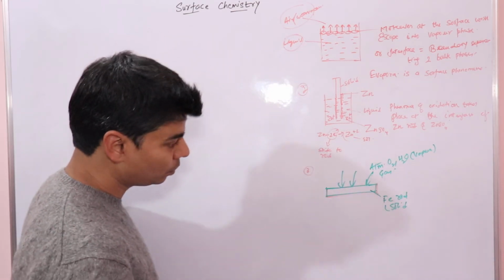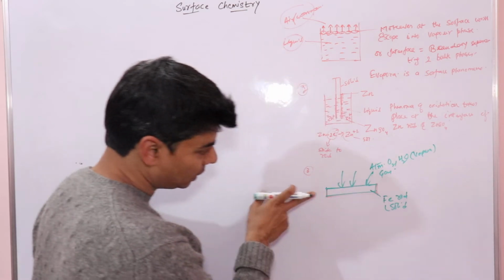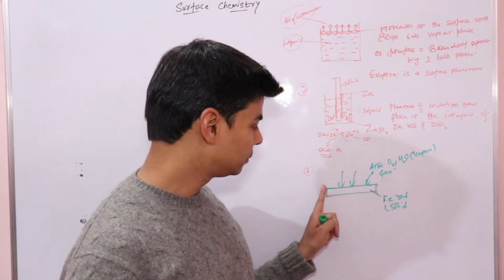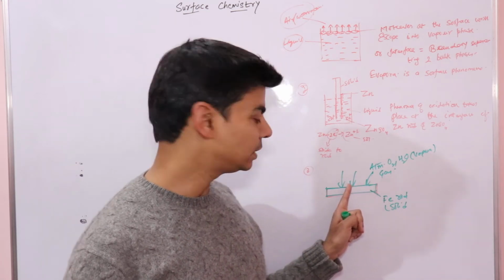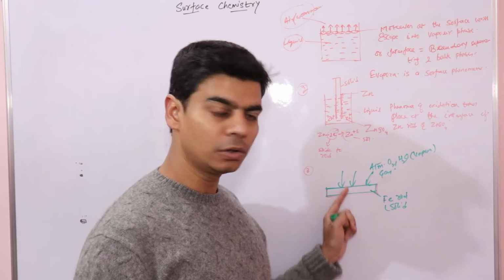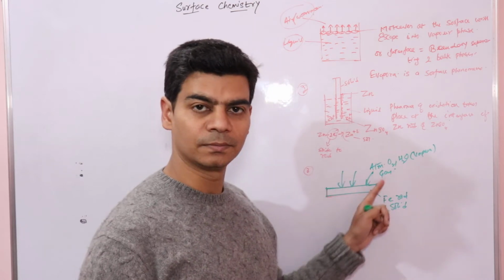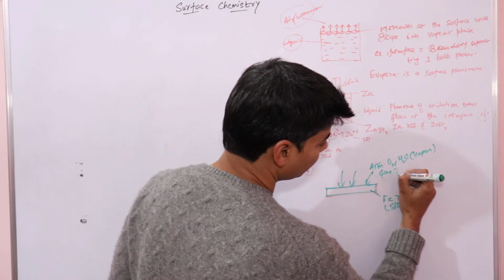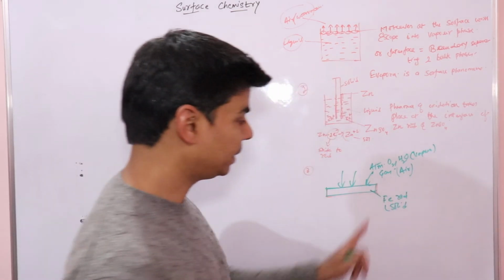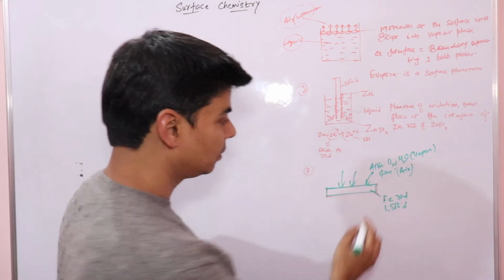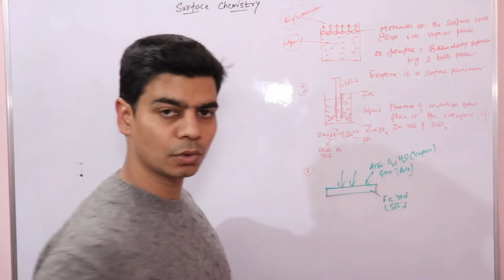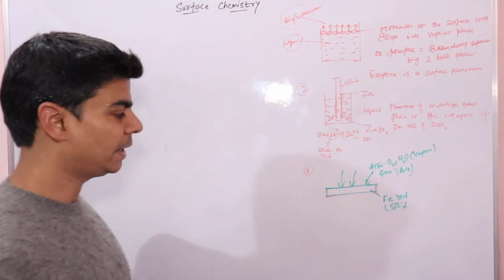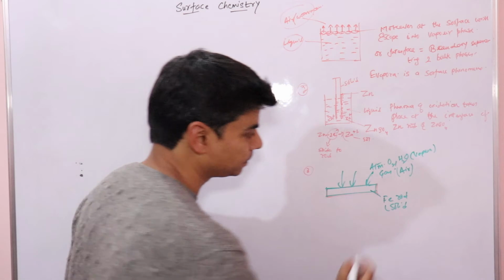The surface of iron is the interface separating the iron rod from the gas, from air. So gases in air will attack the surface of iron in corrosion.